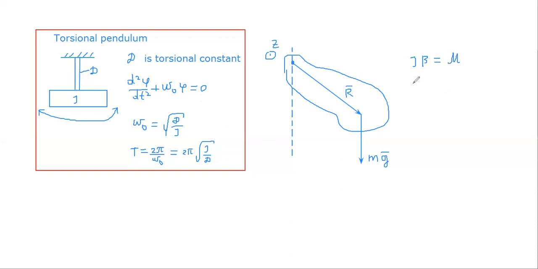And you can remember that beta is the first derivative of angular velocity by time, and this is equal to the second derivative of the angle of rotation by time.